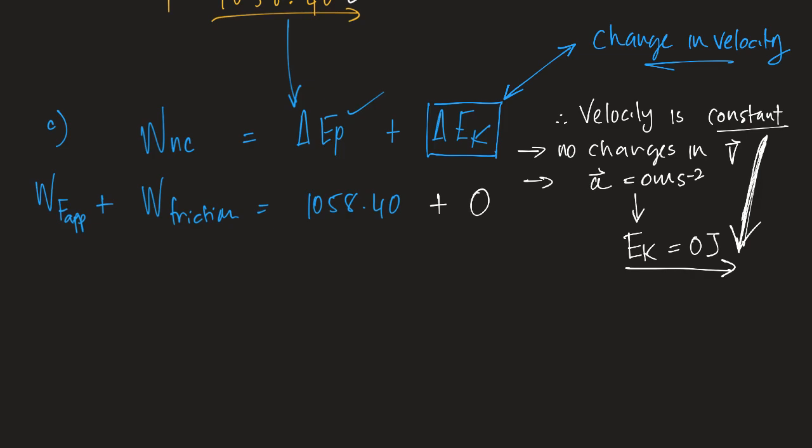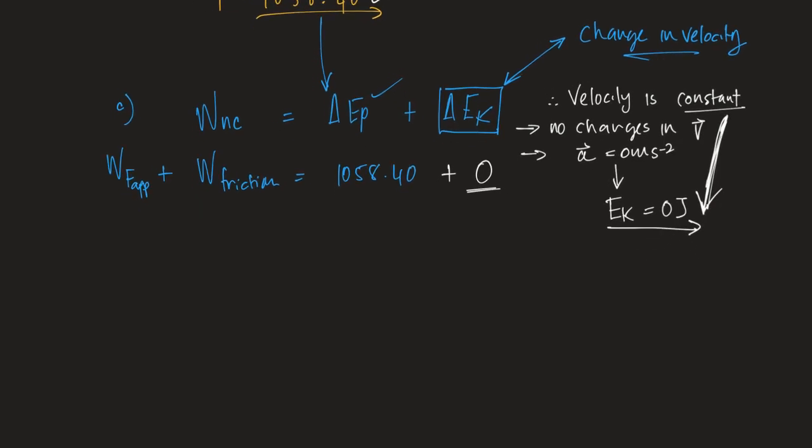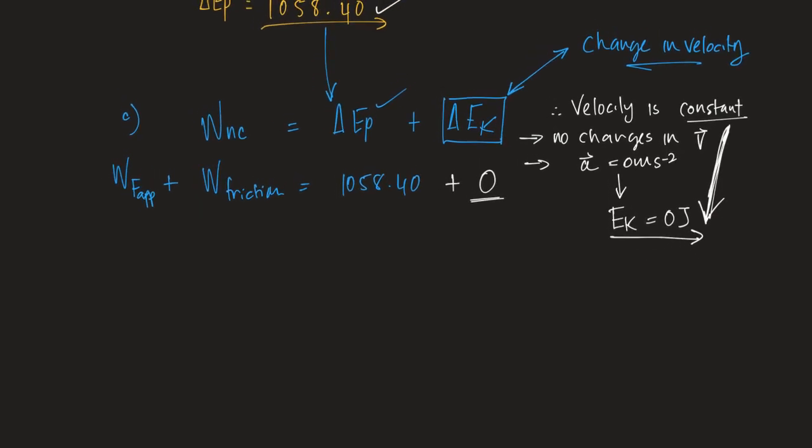Now you get a mark for that, so please make sure that you indicate that you understand that there's no kinetic energy in the system because my velocity is constant. All right, so I've got now F delta x cos theta plus F delta x cos theta is equal to 1058.40.